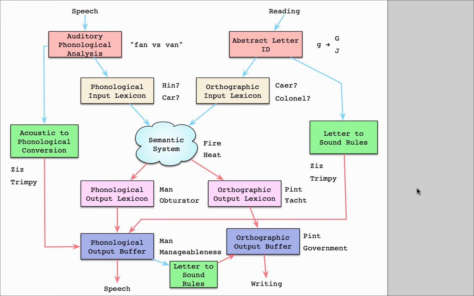In this model, as you can see, people can have word finding difficulties because of problems at different junctures. Their semantic system is impaired, their phonological output lexicon is impaired, the phonological buffer is impaired.